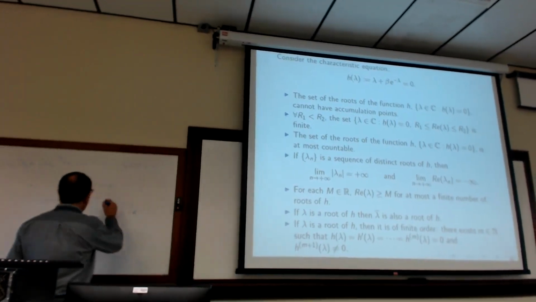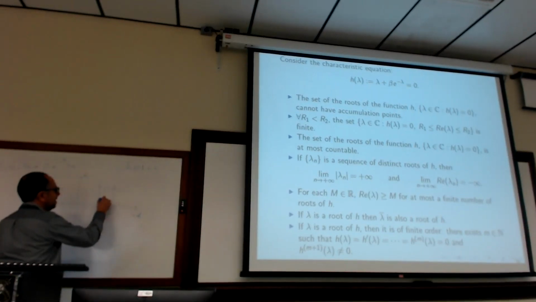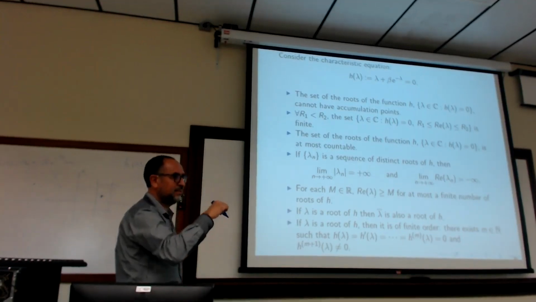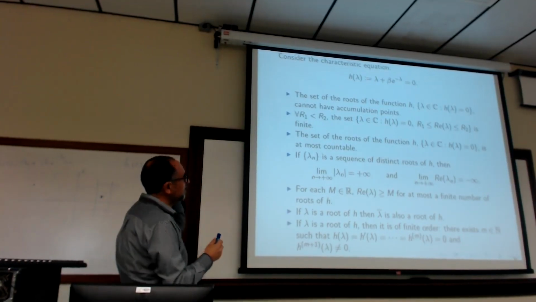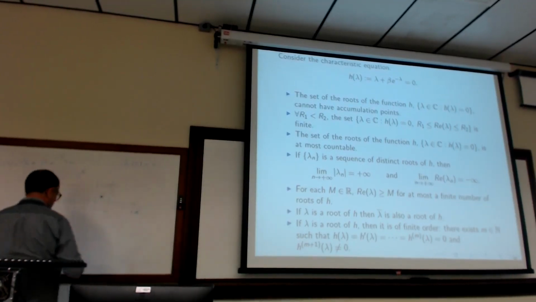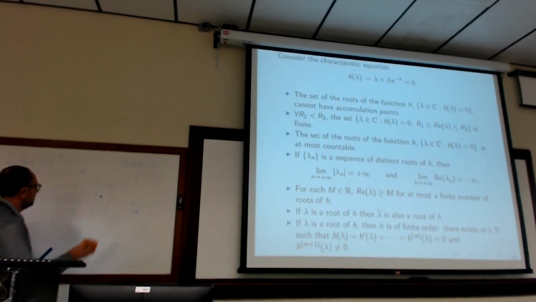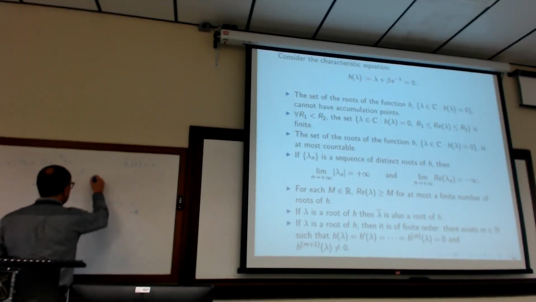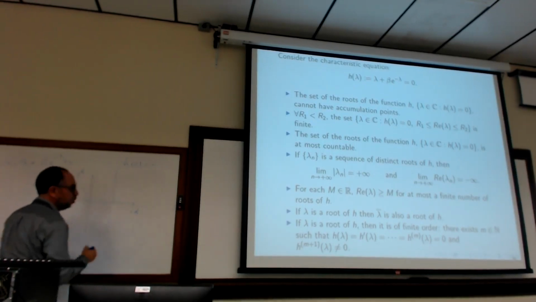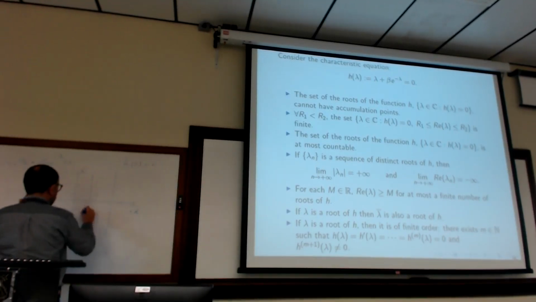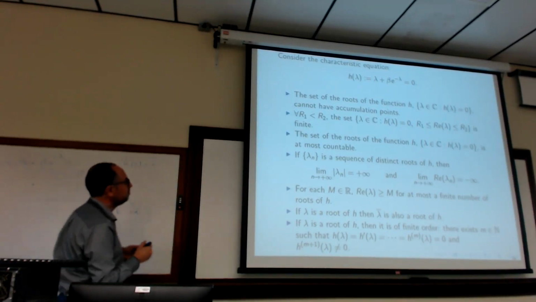That means we will never have infinitely many roots in a bounded domain. This is important. Second, if we take any vertical line and take a region like this, you will have only a finite number of roots in this region between R1 and R2.